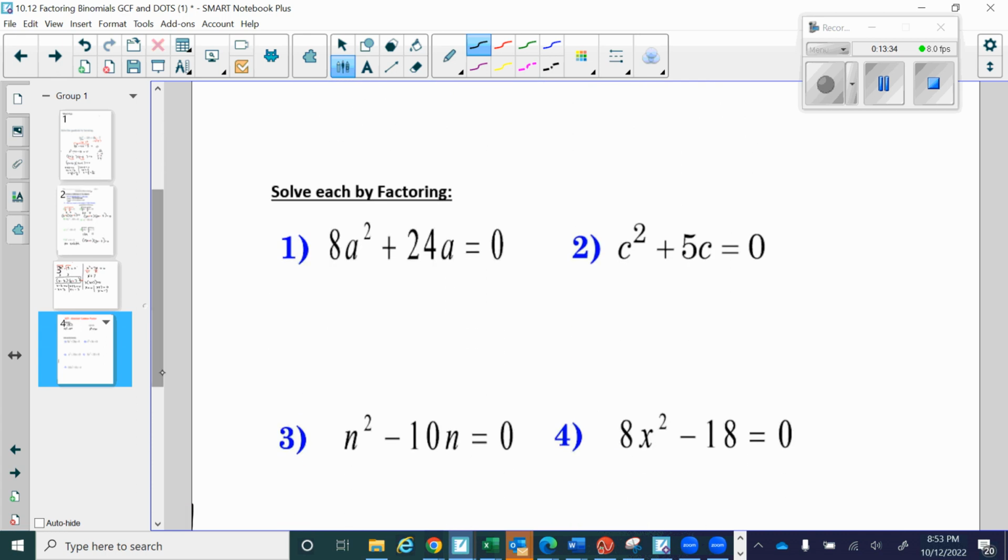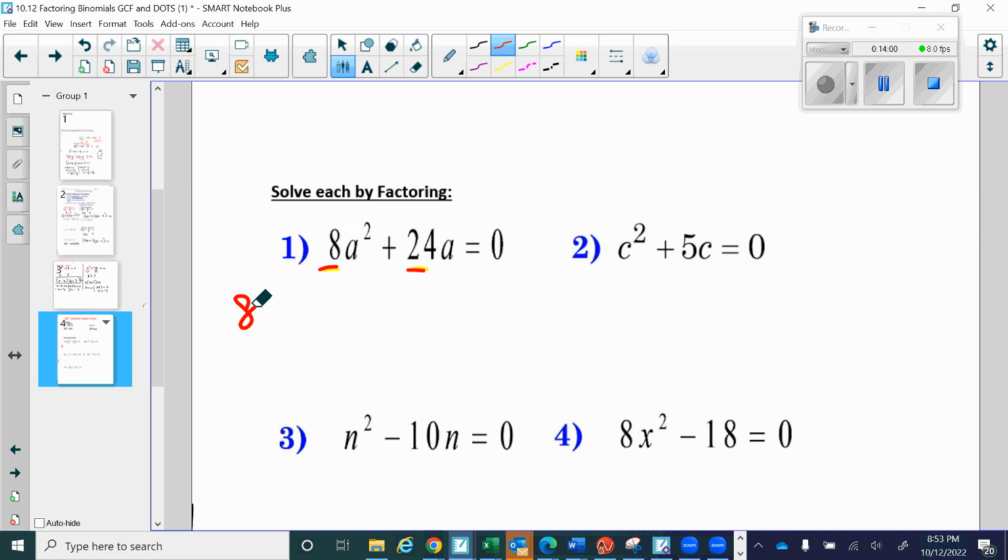What is the GCF between 8 and 24? That's 8. Good. Now look at the variable. We have a squared and a. The GCF between a squared and a is a. So my GCF is going to be 8a. So that is one of the factors.